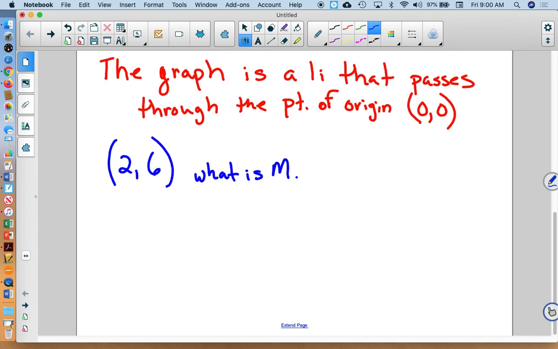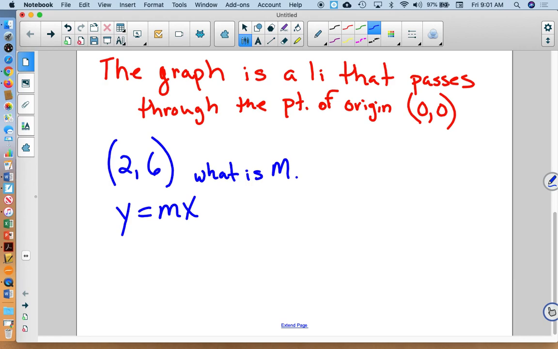You're both correct. What if we said the formula looks like this? y equals mx, right? So can I substitute the values for x and y into the formula that I know it has to fit? Because I know it's proportional. I know it has direct variation.